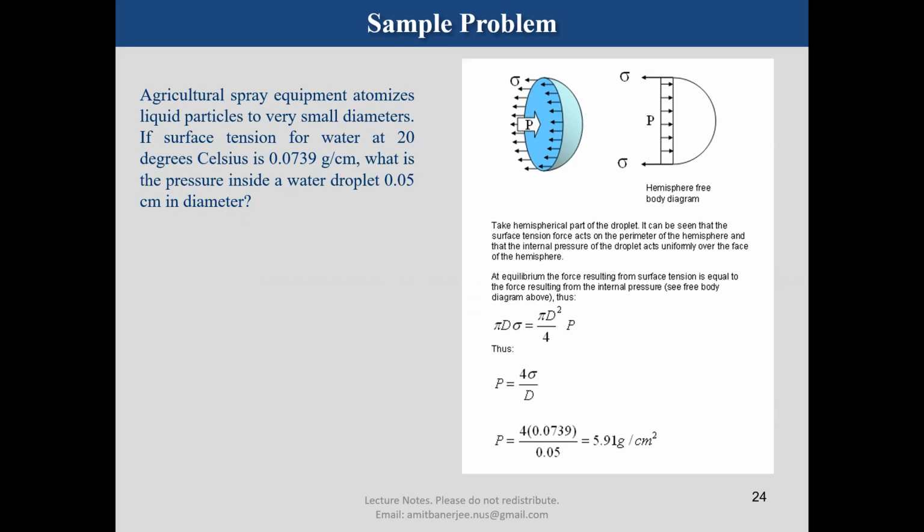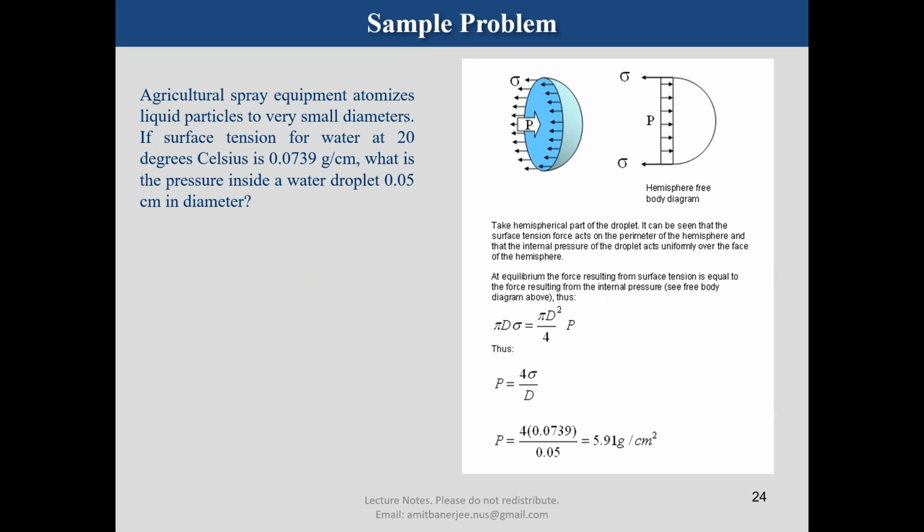This problem also concerns agricultural spray equipment which can atomize liquid particles to very small diameters. If the surface tension of water is given, what is the pressure inside a water droplet of 0.05 centimeter diameter?